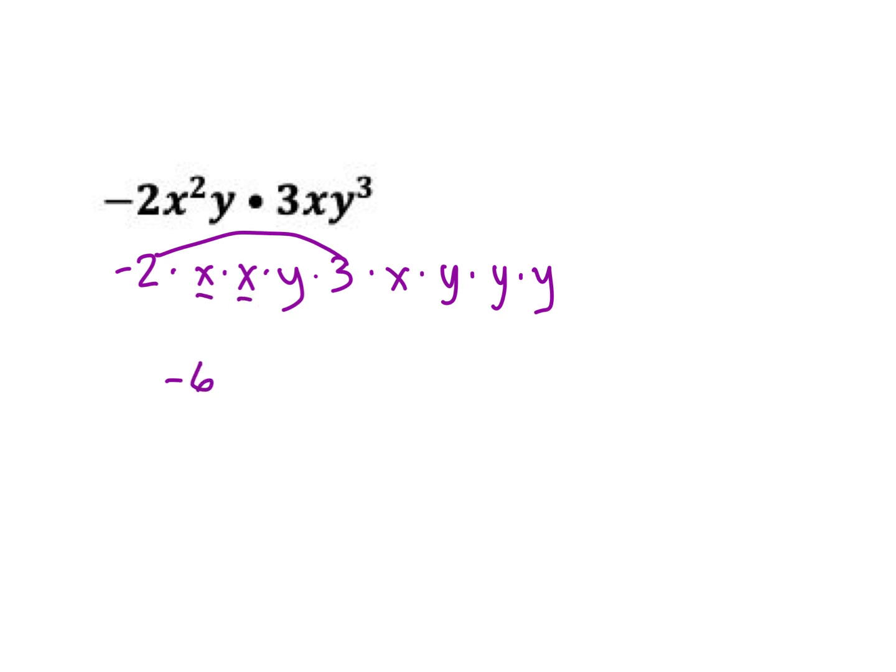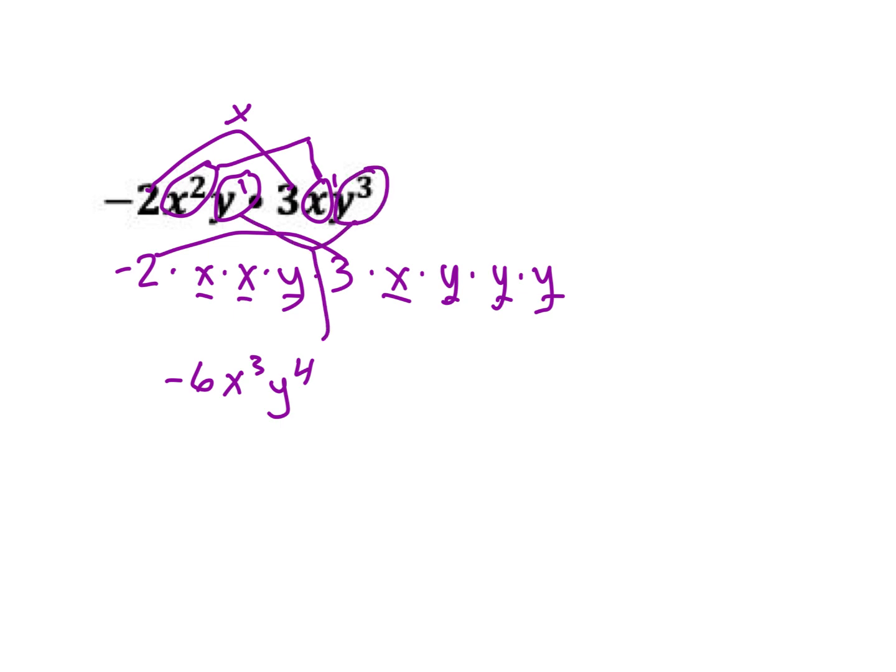And x times x times x, we could simplify that by saying x to the 3rd, and y times y times y times y is y to the 4th. But what I did was I took my number parts and I multiplied them. I took my variable parts and I added their exponents. Okay, so this was a 2, this is an exponent of 1, this is an exponent of 1, this is an exponent of 3, and that's how I got these values down here.